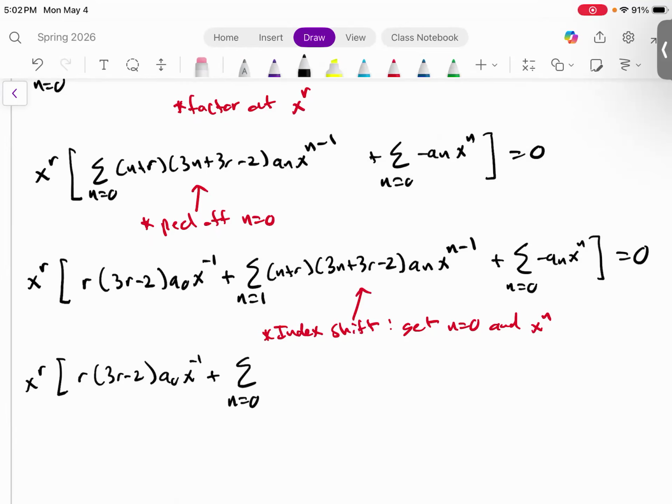My index will now start at 0, but I would need to add 1 to every single n in my series, right? If I subtract 1 from the index, I've got to add 1 to every n in the series. So what I would end up with is n plus 1 plus r, 3 times n plus 1 plus 3r minus 2, a sub n plus 1, x to the n plus 1 minus 1. And then this power series just stays the same. We haven't done anything to it at all.